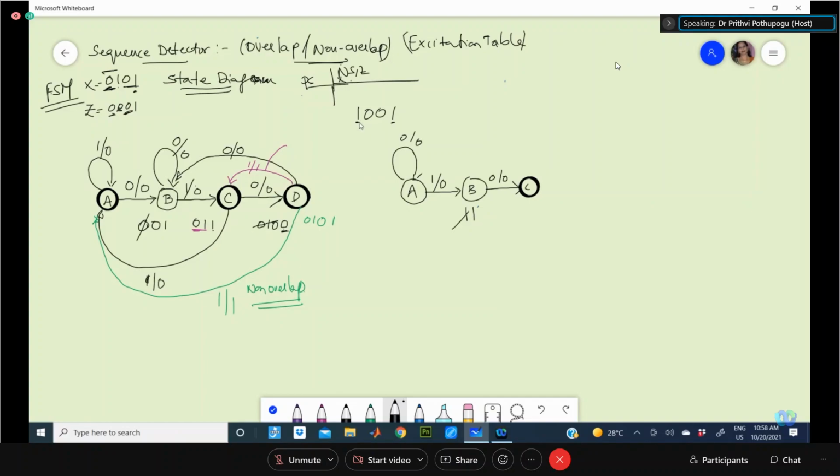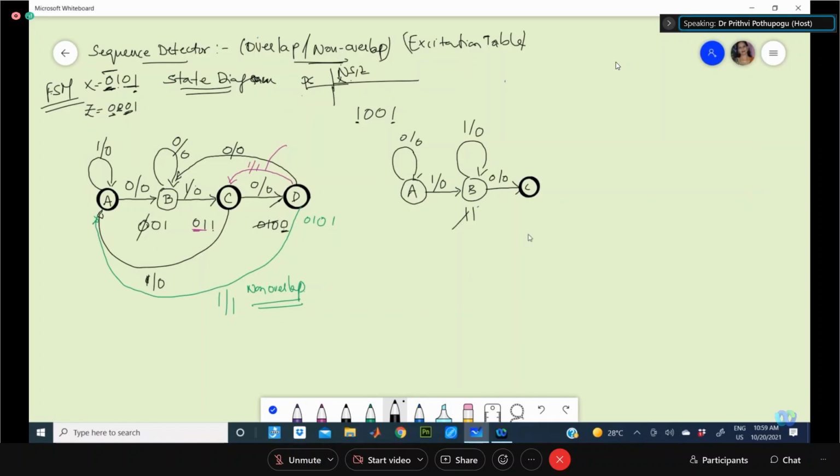So on receiving 1, it goes back to state B, stays there, generating 0.